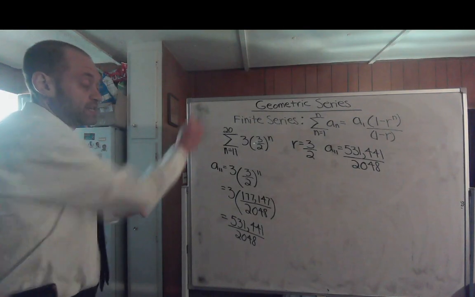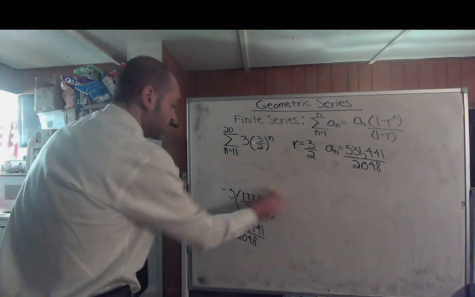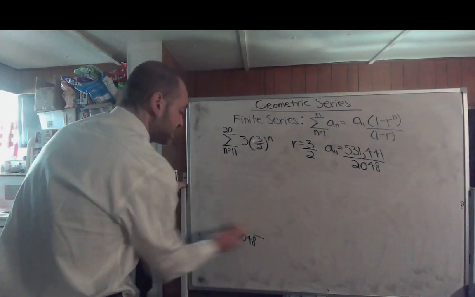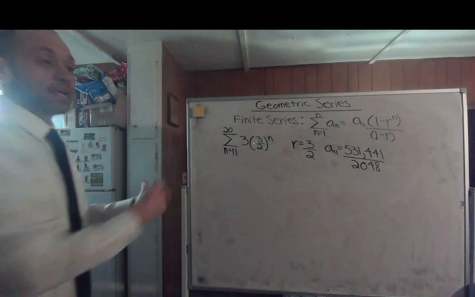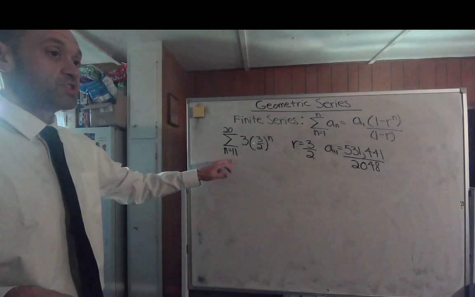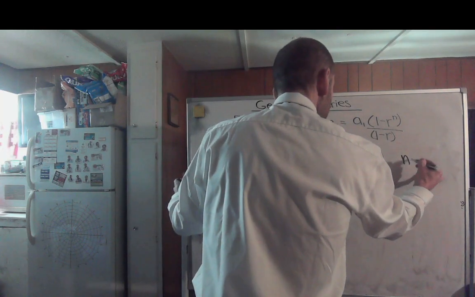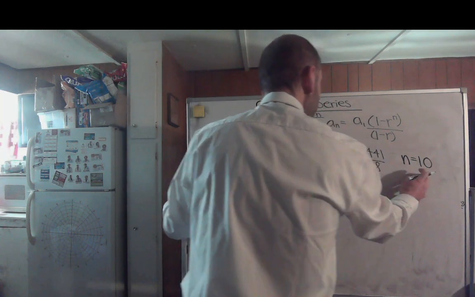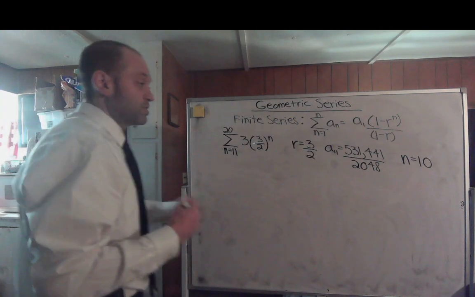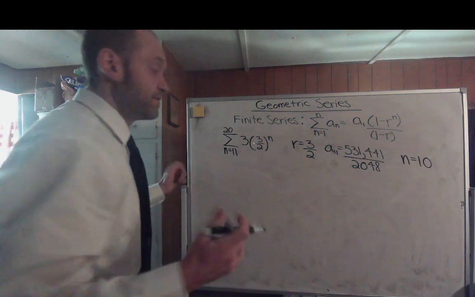Now, what I need to identify is how many actual terms there are. Well, if I take 20 minus 11, I get 9, but you have to count that 11th term, so you get 10 terms. That means n is going to equal 10. So there are 10 terms in this series. Now we can find the sum.